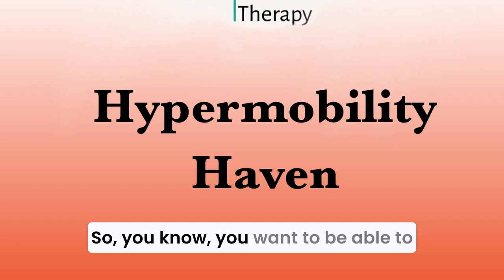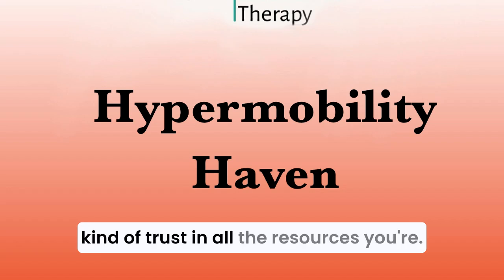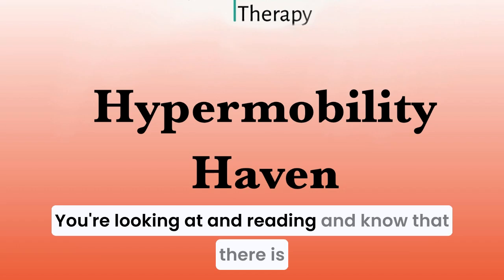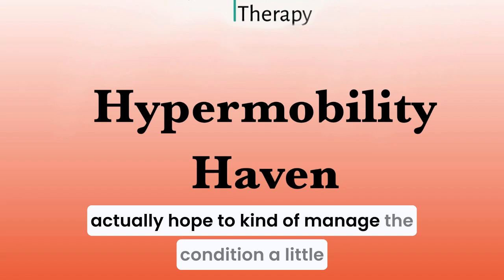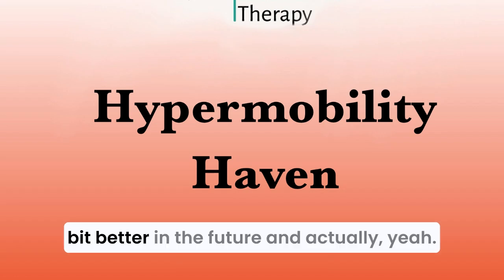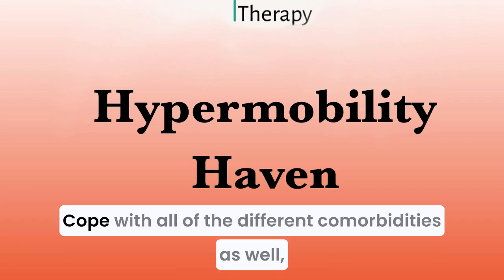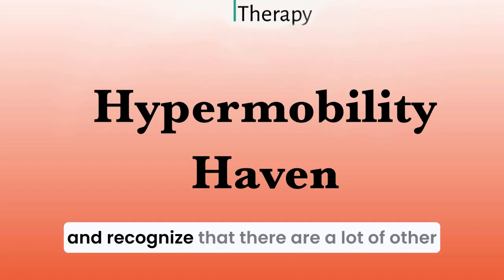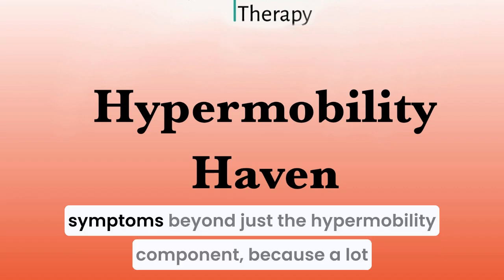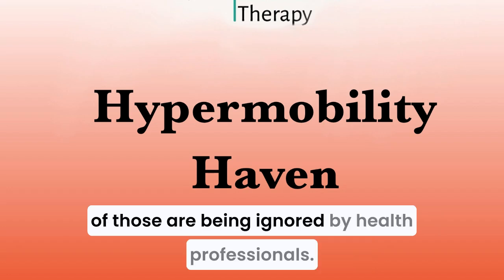So, you want to be able to trust in all the resources you're looking at and reading, and know that there is actually hope to manage the condition a little bit better in the future, and actually cope with all of the different comorbidities as well, and recognise that there are a lot of other symptoms beyond just the hypermobility component, because a lot of those are being ignored by health professionals. Yeah.